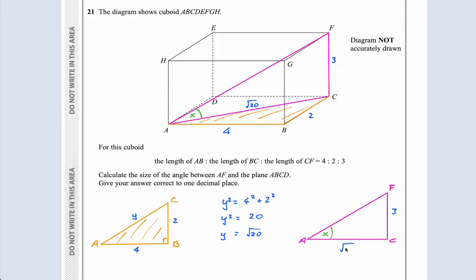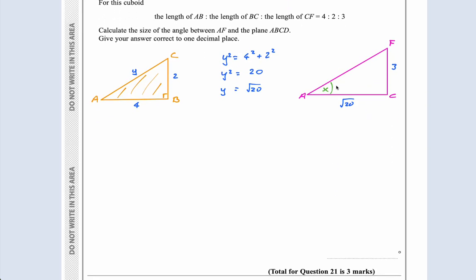Now, this is always confusing, guys, but look, AC is this AC, so it is root 20. And now I can find X using SOHCAHTOA. Opposite over adjacent, so tan X is equal to the opposite over the adjacent. X is equal to the inverse tan of 3 over root 20.